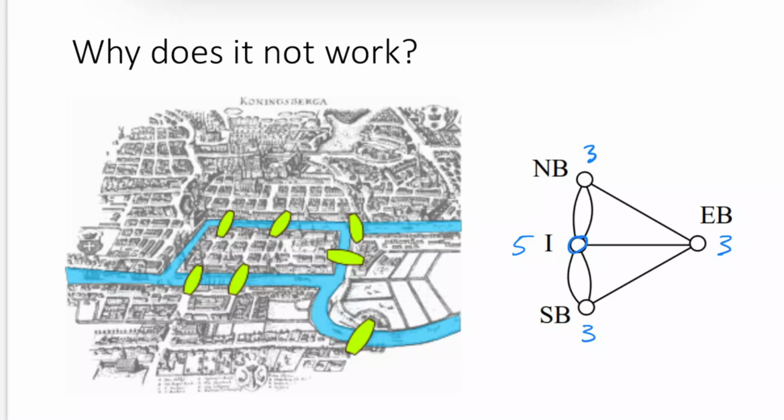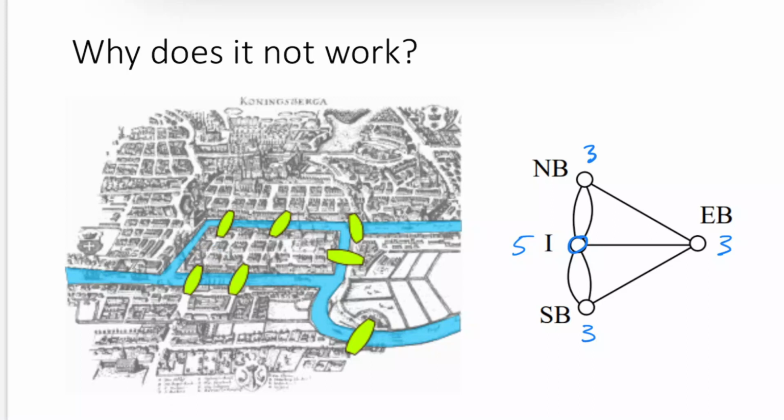And if you think about it, let's say I started walking on the island. Well, if I have 5 bridges and I want to only cross each bridge exactly once, then it will be impossible for me to get back to the island at the end of my circuit because I have an odd number of bridges.